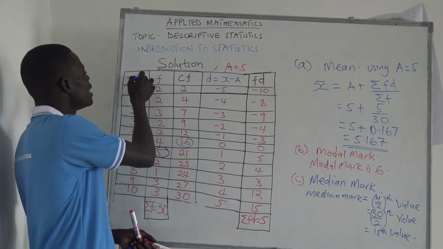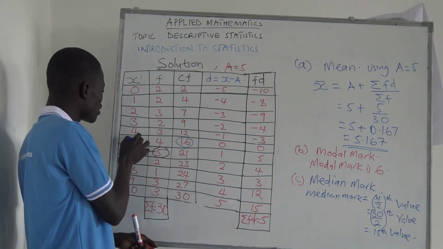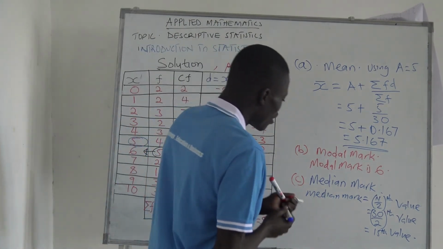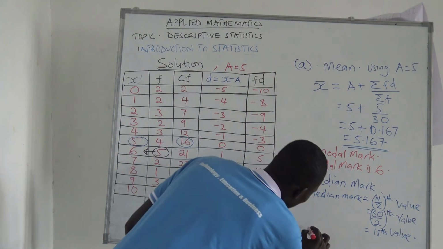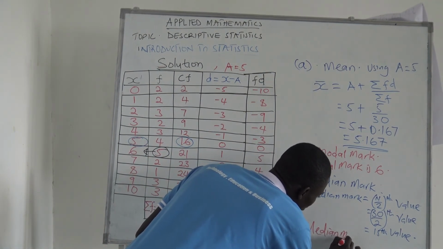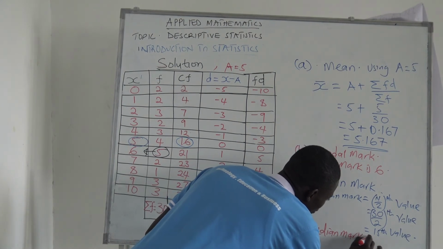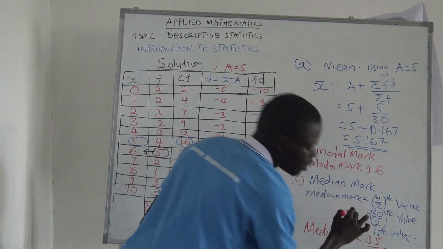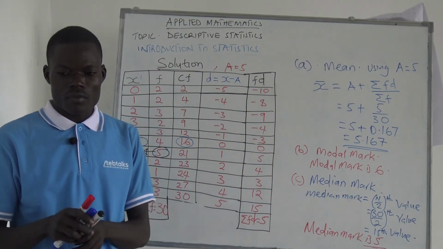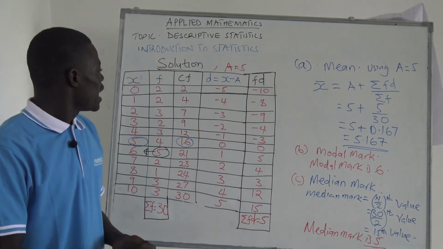So you come and read the variable of x, which is our median mark, as 5. So our median mark is 5.